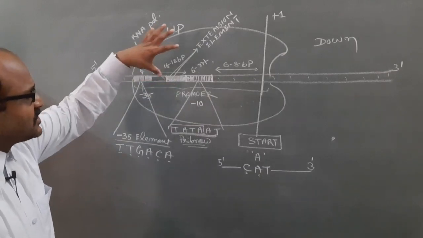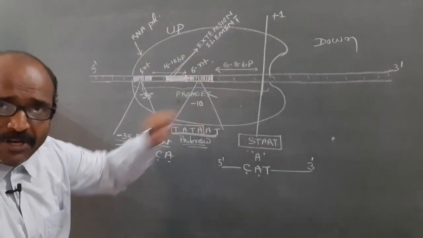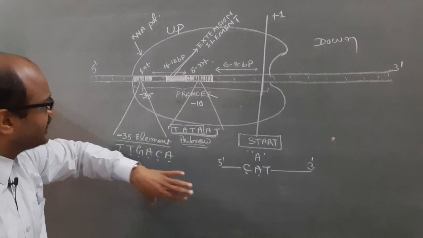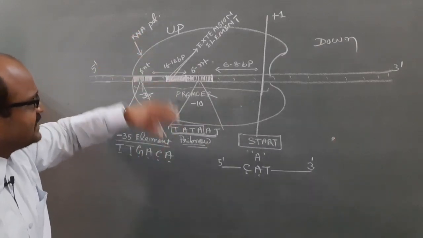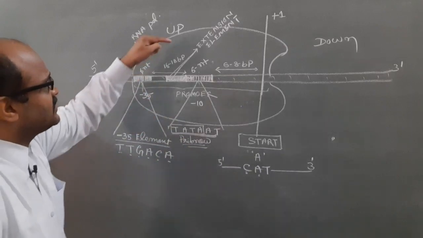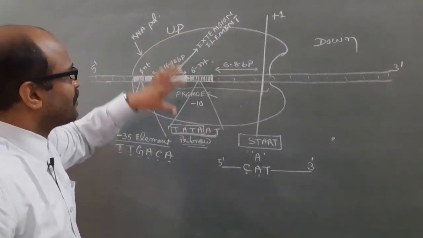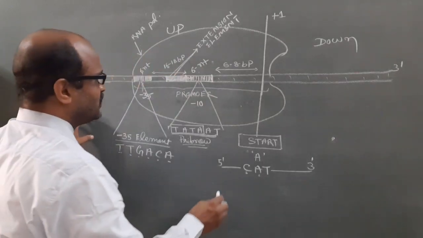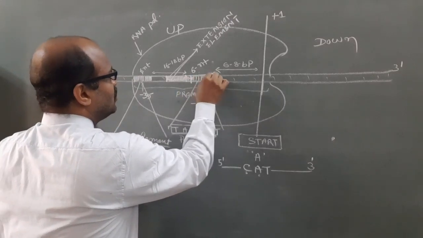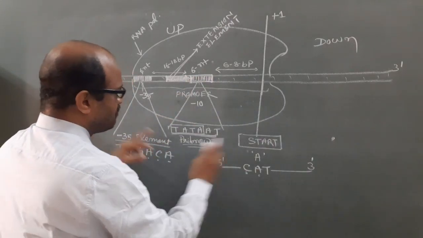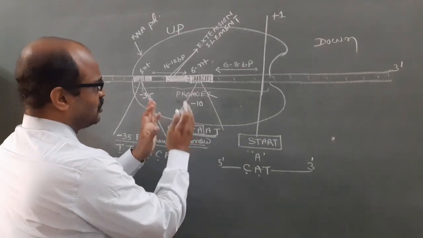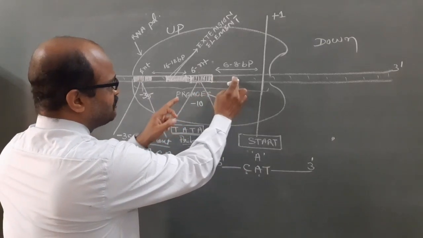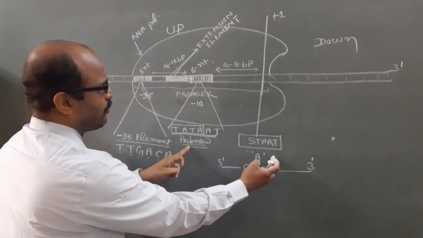When the promoter lacks the minus 35 element, some of the sequences present upstream of the TATA box, meaning these extension elements, are read by the RNA polymerase. Okay, and some sequences are also present downstream of the Pribnow box, read by the RNA polymerase, between the Pribnow box and the start point.